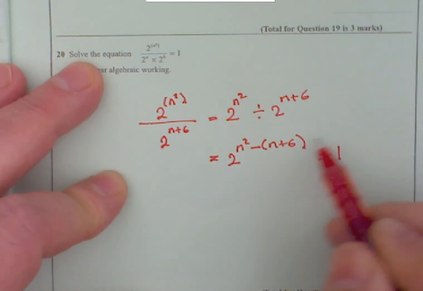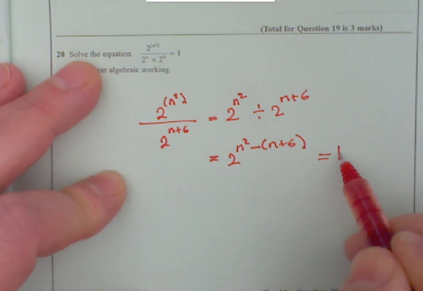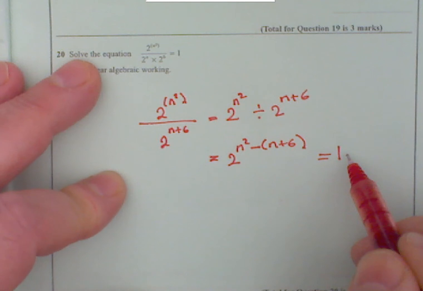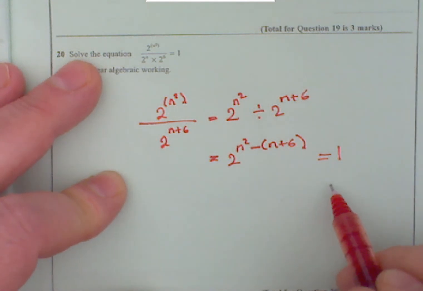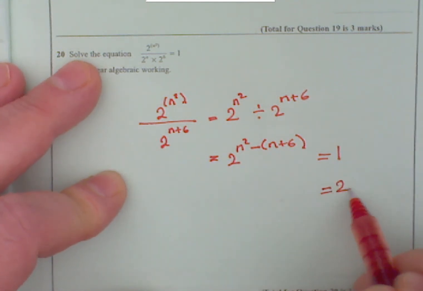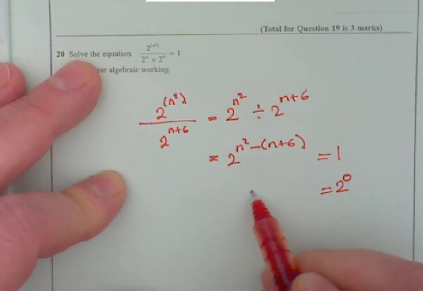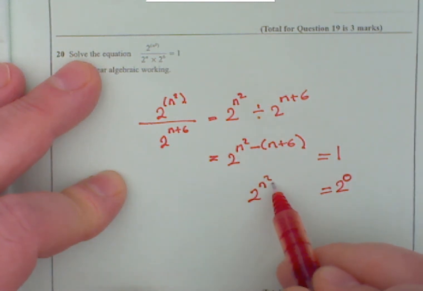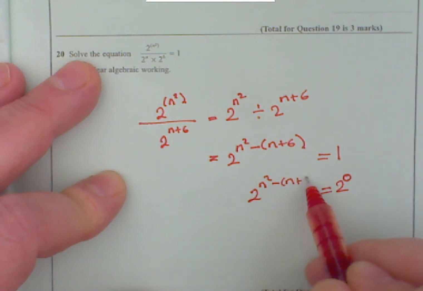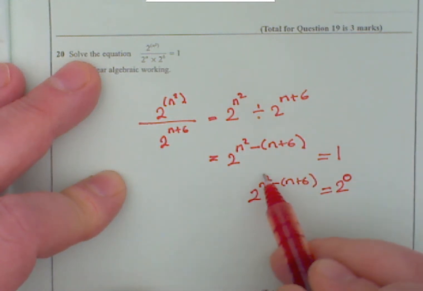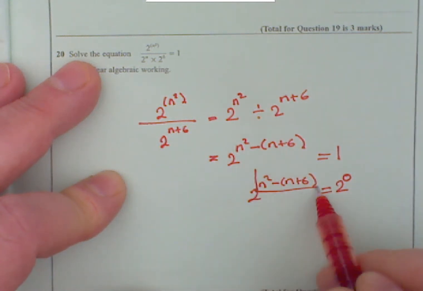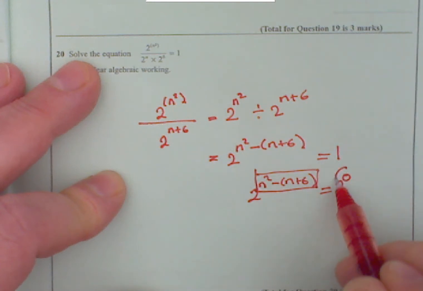And what would be convenient is if I could change 1 into a power of 2. And I can think of 2 to the power something is equal to 1, and that's 0. So I've now got 2 to the n squared minus n plus 6 equal to 2 to the 0. So it's obvious that this bit here must be equal to this bit.